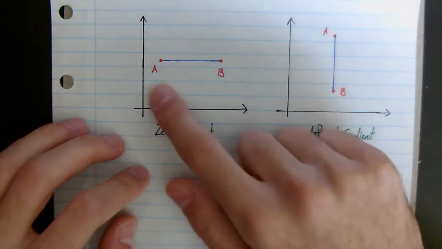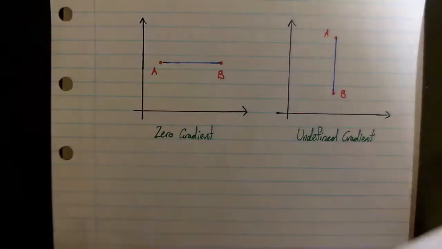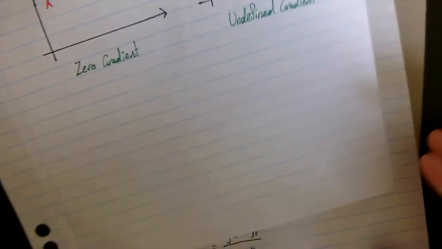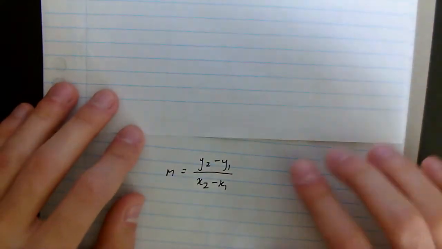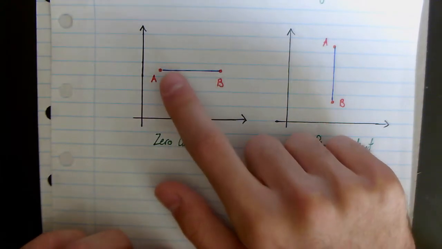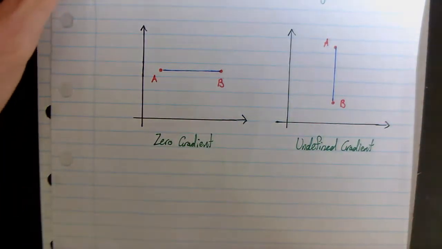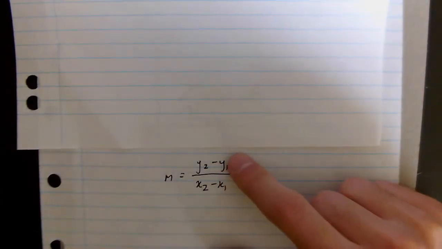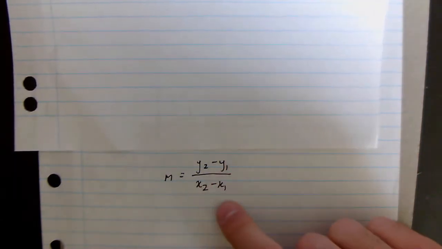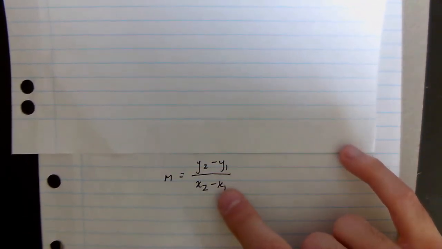Now, how we can make sense of why this is zero and why this is undefined is if we look back at the formula. A zero gradient is flat, indicating that we have the same y value. So it's going to be y2 minus y1, which is basically y2 minus y2, which gives a 0 on the numerator over no matter what is on the denominator.